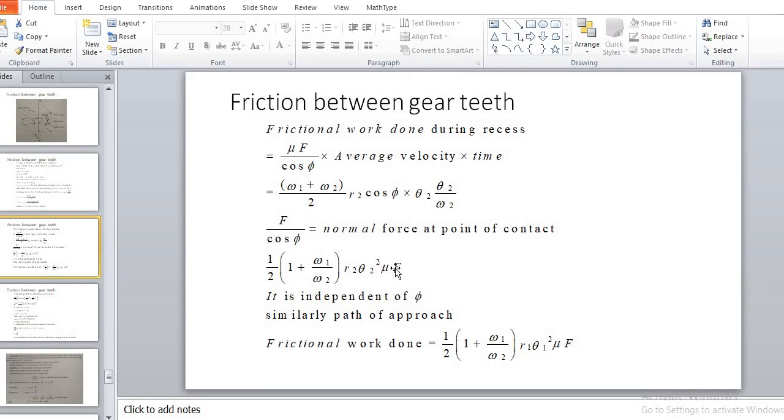The mu F term remains as it is. This R2 and theta 2 square appear here. Omega 2 moves into this bracket, so omega 1 by omega 2 appears here, and omega 2 by omega 2 is 1. The 2 remains as it is. After simplification it will become like this, and this will be written for the races.